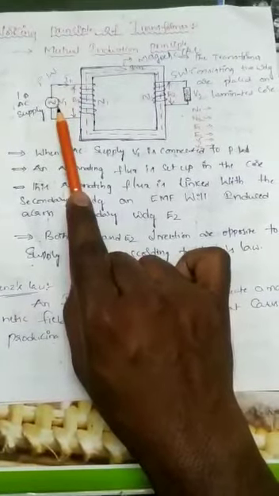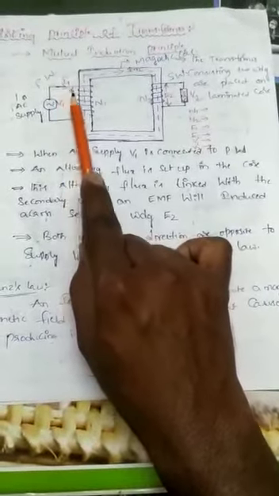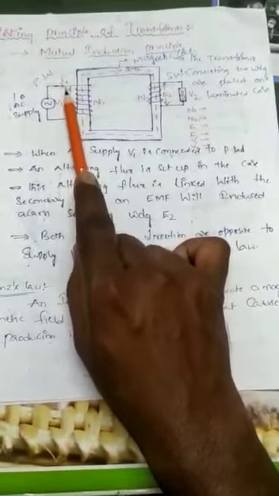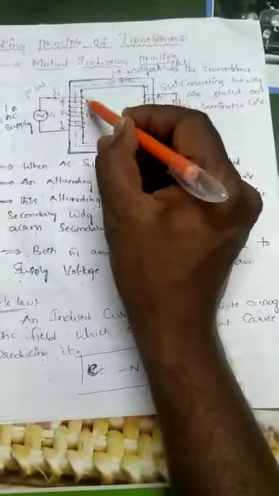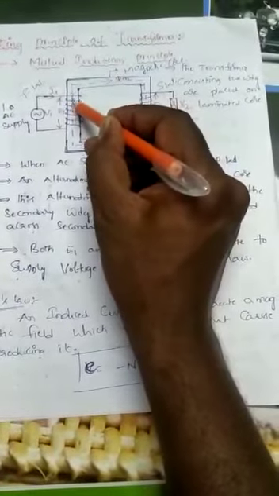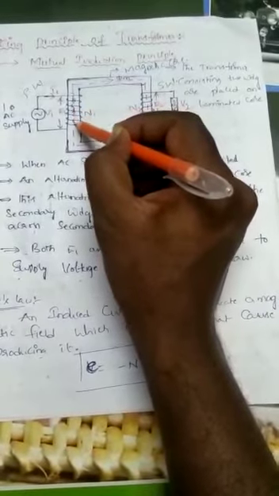Whenever we give the supply to the primary winding, it carries a current equal to I1, and the direction of the current is like this.